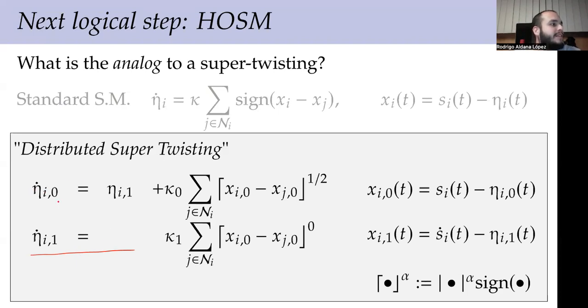So for each agent i, you have two states, the 0 and 1. You have a chain of integrators, in this case, just a double integrator. And you have these correction terms with the power 1/2 and 0. Okay. So this has the same structure as the super twisting, but it is adapted to this problem. So recall that in this case, we add all these terms for each neighbor, for each agent. Okay.